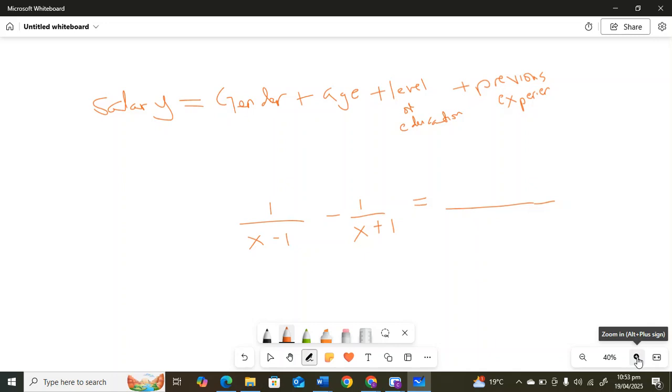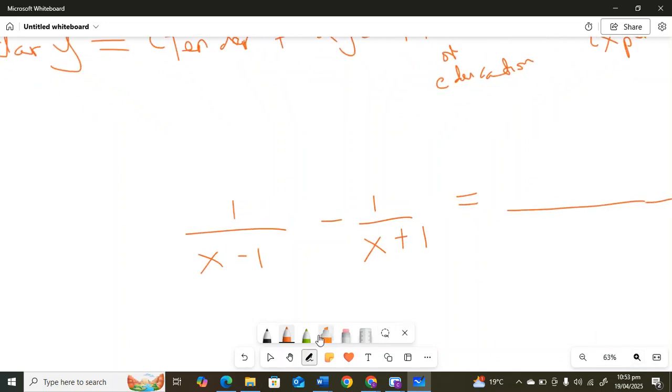Okay, colleagues, you just show it, basically we solve this. Remember fractions, when you multiply the denominators, colleagues, what do we get? Let us solve.